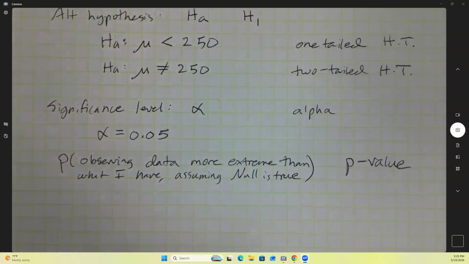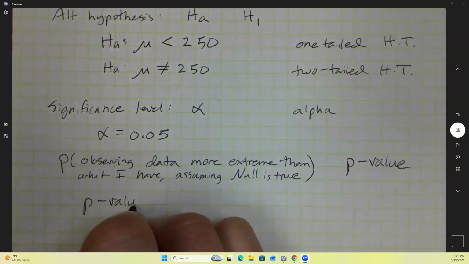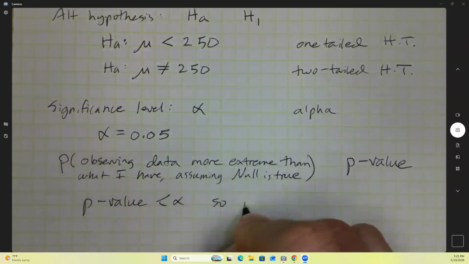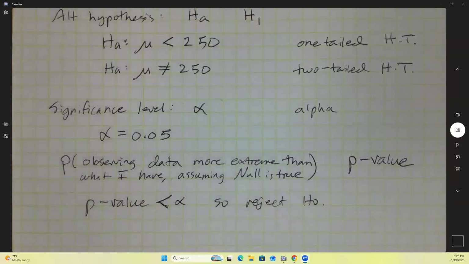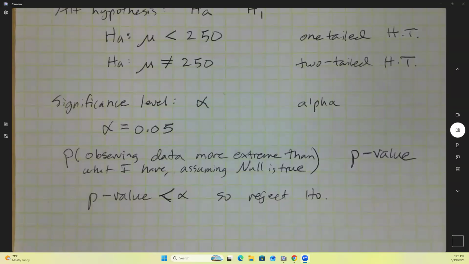So you might see something like the p-value is less than alpha, so reject H naught. That's terrible statistics because that's not communicating anything to anybody who didn't actually do the statistics.